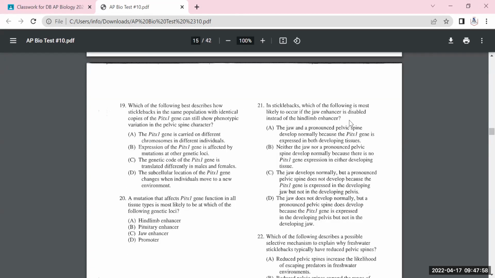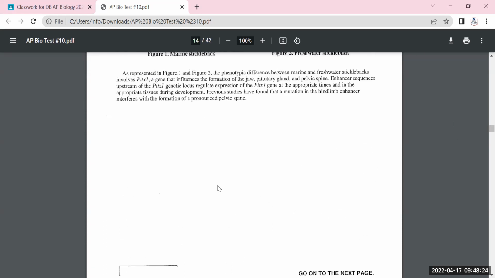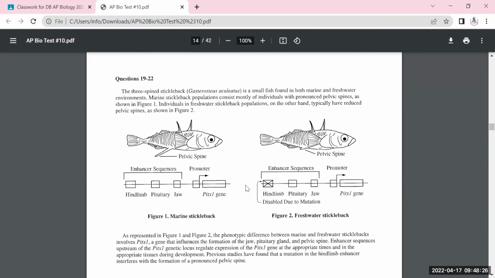Okay. Which of the following best describes how sticklebacks in the same population with identical copies of the PITX1 gene can still show phenotypic variation in the pelvic spine character? So here, your enhancer sequence, right?